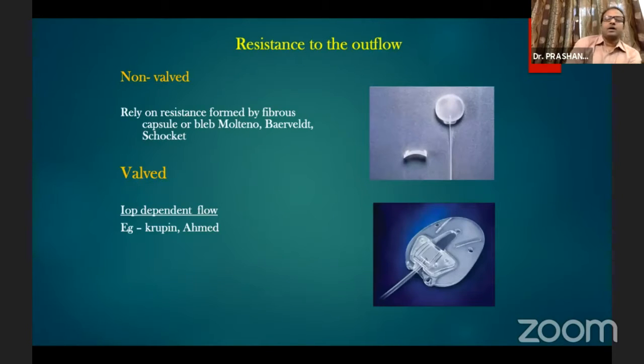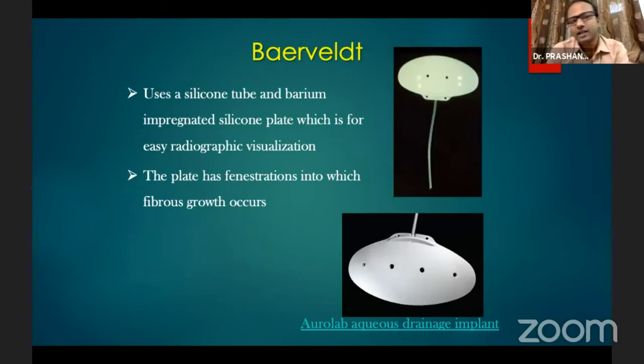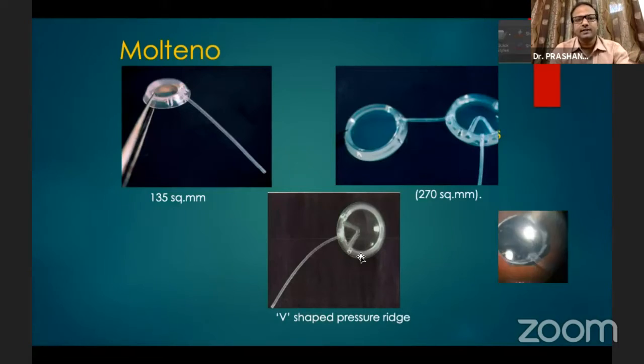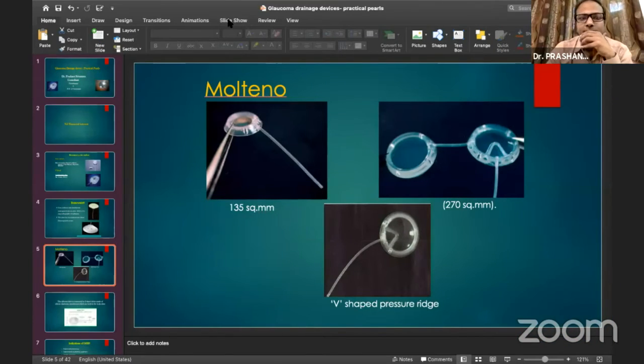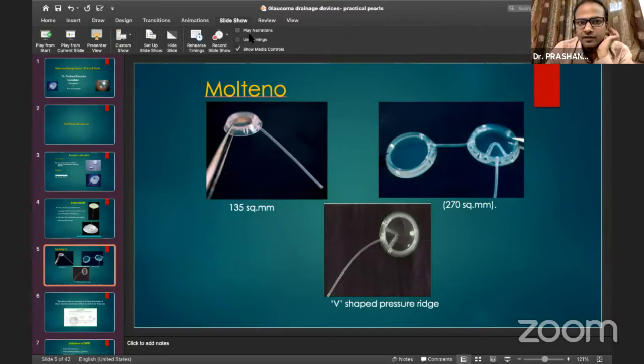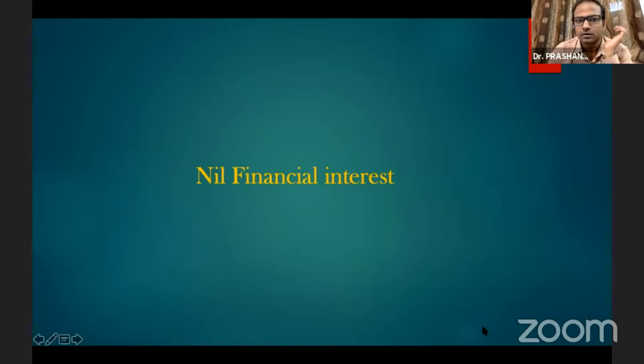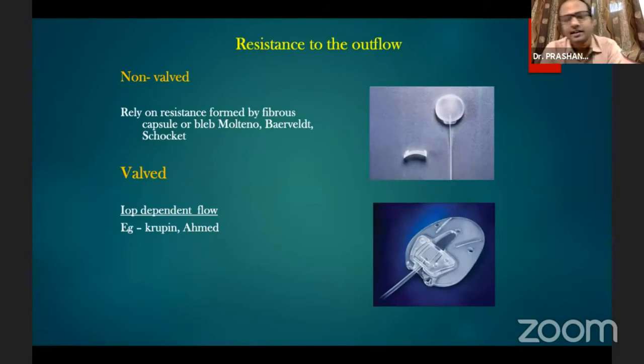Basically, implants are indicated in cases where trabeculectomy has failed, or is most likely to fail.